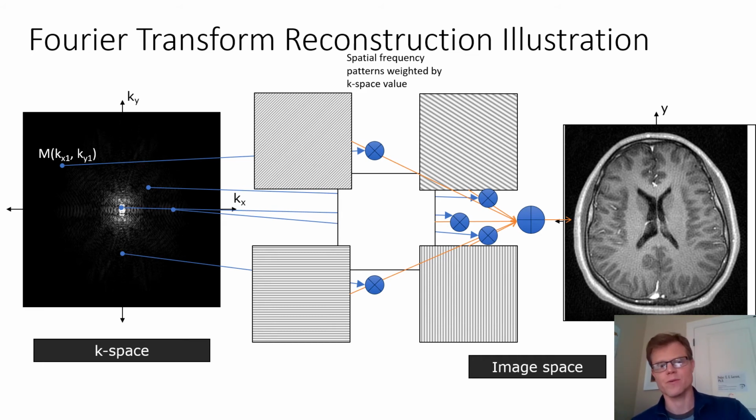Each one of these data points represents a different spatial frequency pattern in the image. So we multiply whatever we've measured at that data point by the spatial frequency pattern. We sum them together, and we should get the image of our net magnetization. And really, this is all just describing the Fourier transform, but from a 2D image domain perspective.